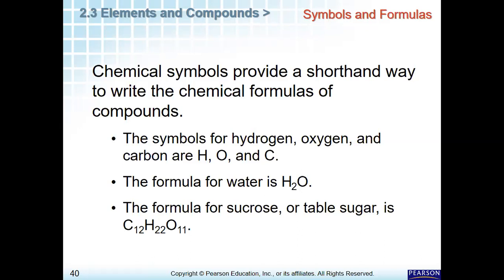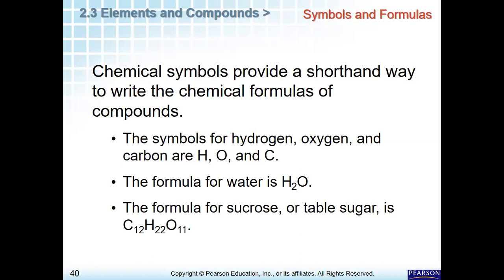The formula of water, for example, is H2O. I wouldn't say two hydrogen atoms and one oxygen atom. I would say directly H, which represents hydrogen, and O, which represents oxygen, but we have a proportion of 2 hydrogen to 1 oxygen, so it would be H2O.